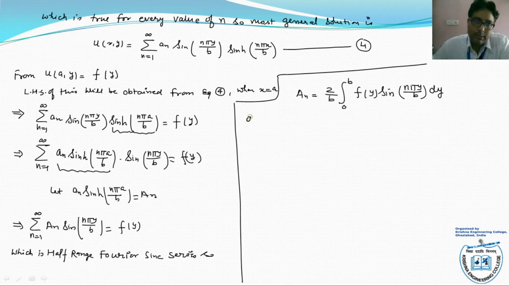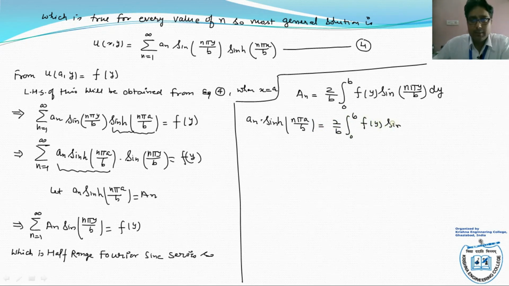The value of an is an into sine hyperbolic n pi a by b is equal to 2 upon b limit 0 to b f(y) sine n pi y by b into dy. Clear?